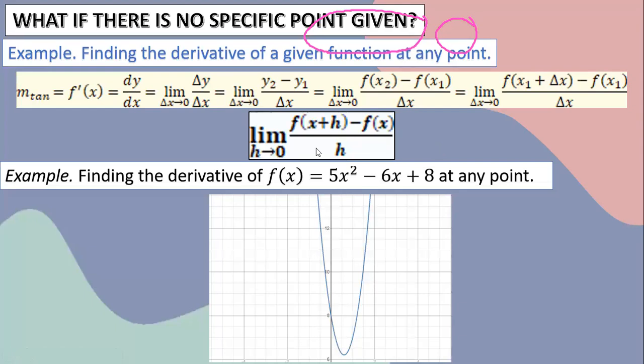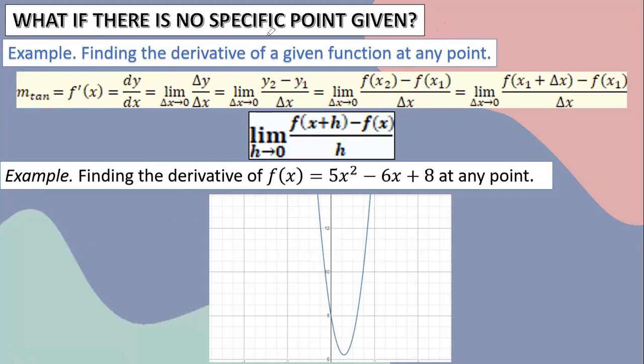So for example, we have to find the derivative of a given function at any point. So wala tayong given na point. So function lang. Okay, so paano natin find yung derivative? So we have this formula.